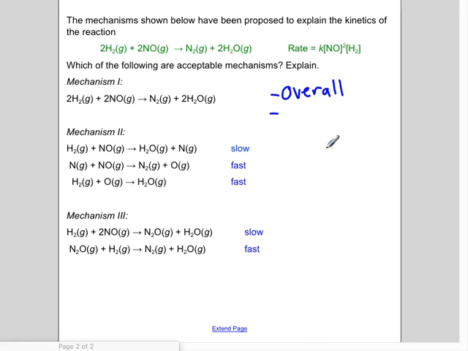Now, in a mechanism, every step is an elementary step, and it'll always tell you which one is slow, and the slowest step is called the rate determining step, because that's the only step that affects the rate law. All right? So the first requirement of a mechanism is that if you add up all the steps, you have to get the actual equation, and the second requirement is that the slowest step has to give you the rate law. So you can call this rate determining step.